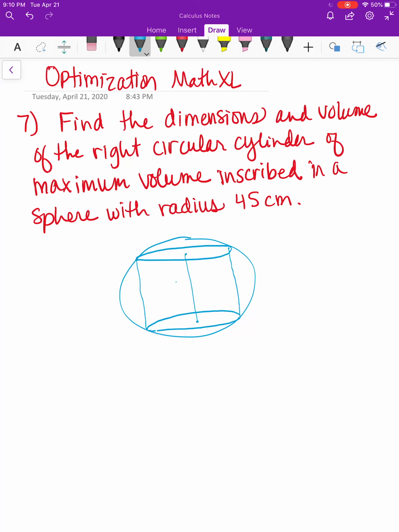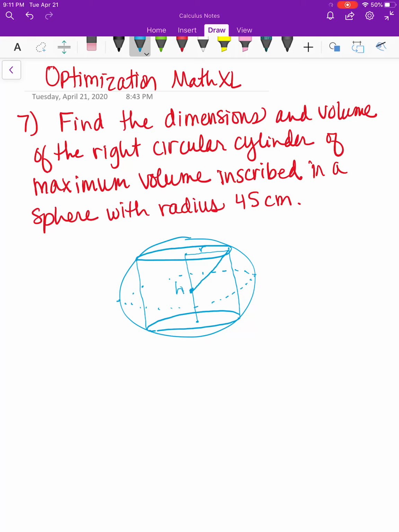You're going to put your cylinder in like that because it's inscribed in there. So it's something like that. So you draw the circle and then draw like I just did there. Now imagine that the height of your cylinder goes from here to here. That's your H. That's the height of your cylinder. And the radius of your cylinder goes from here to here.